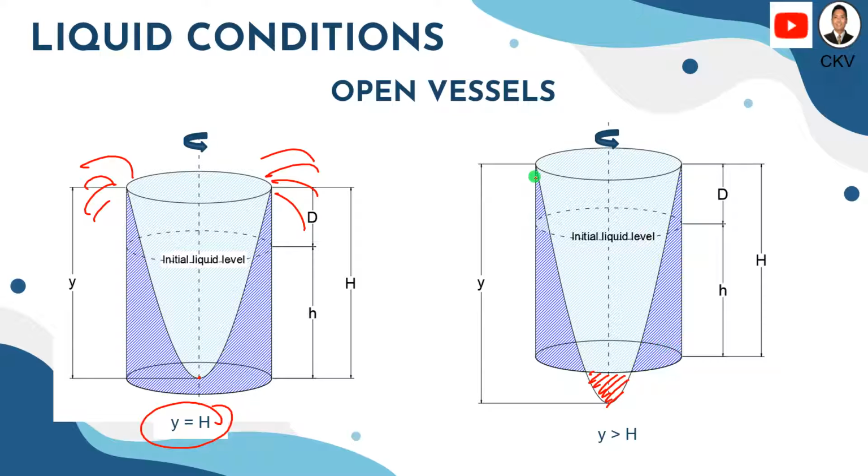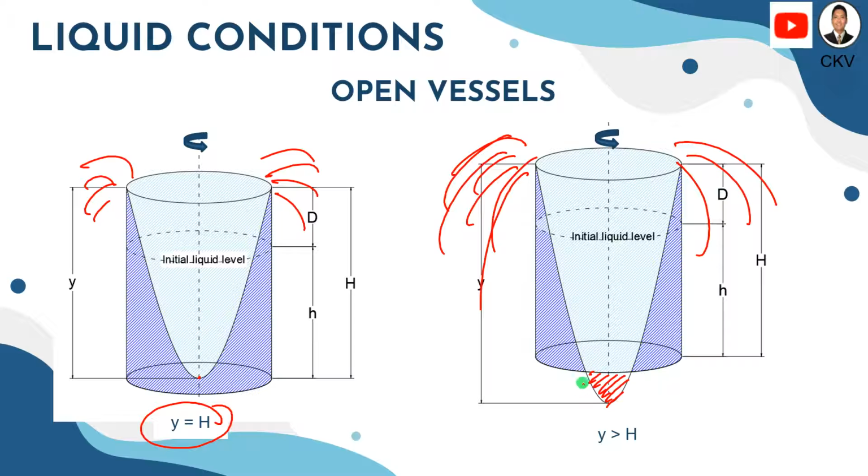So this will be the shape of the paraboloid that will be formed on this container when y is greater than h. Again, in this scenario, liquid will be spilled.